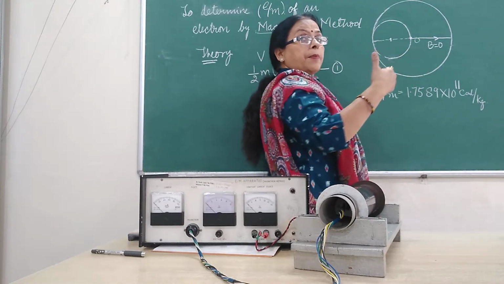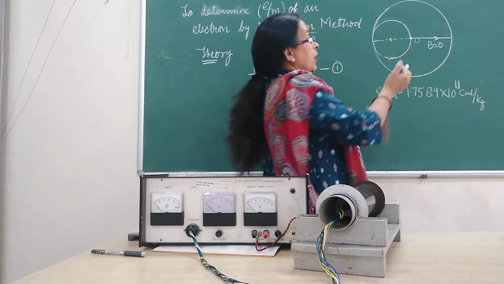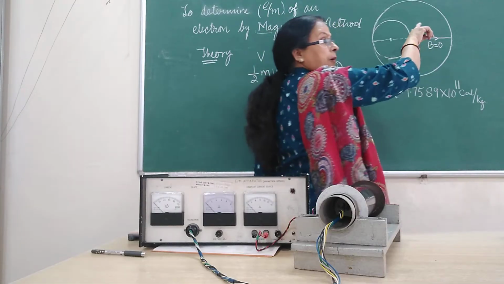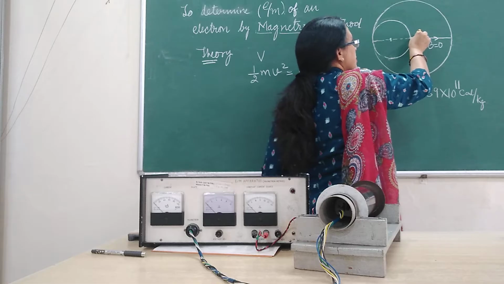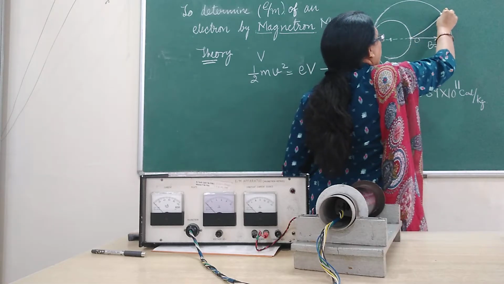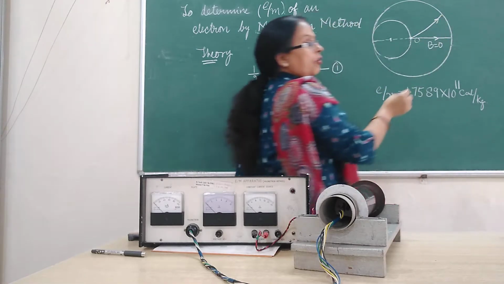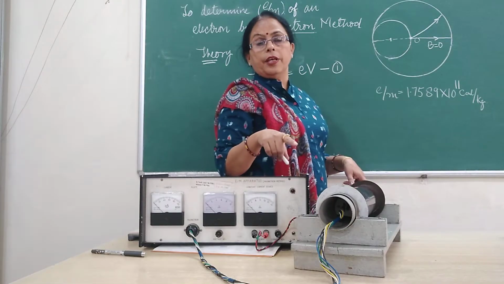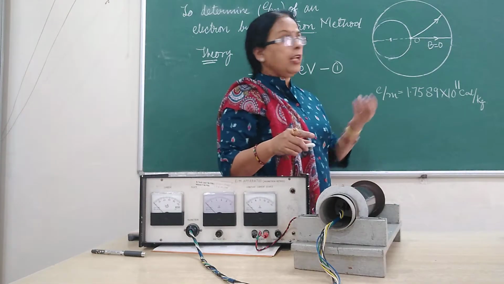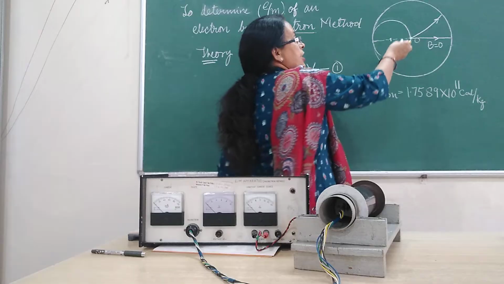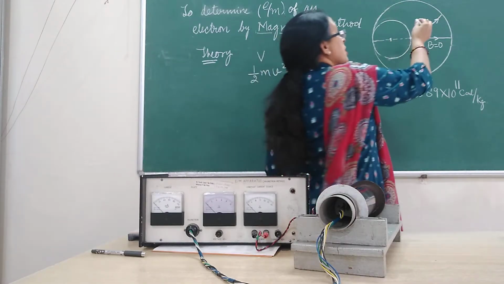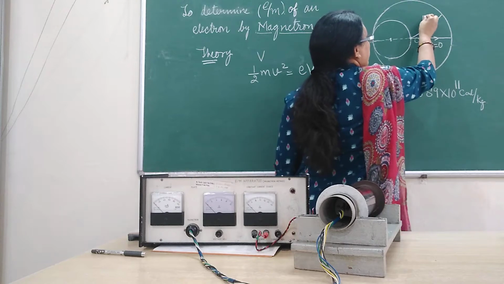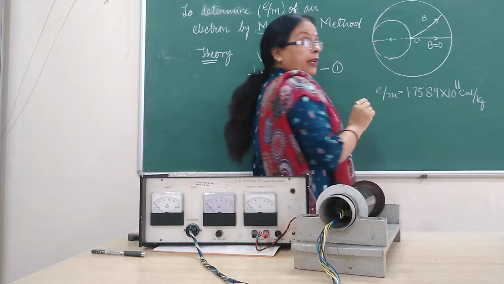As soon as we apply a magnetic field, it will bend the path and modify the trajectory, depending on the magnitude of the magnetic field. The trajectory will be more and more curved. This is when some magnetic field B is applied.